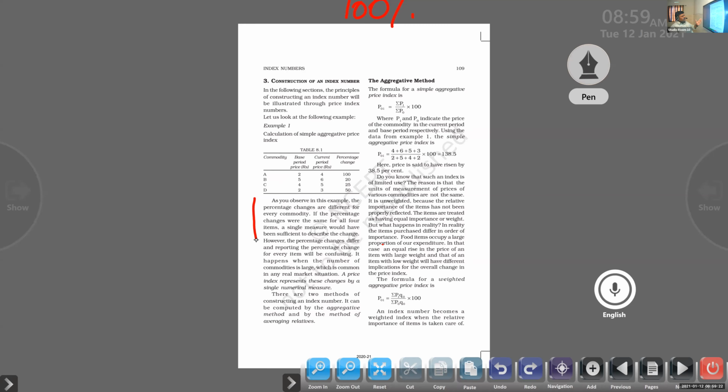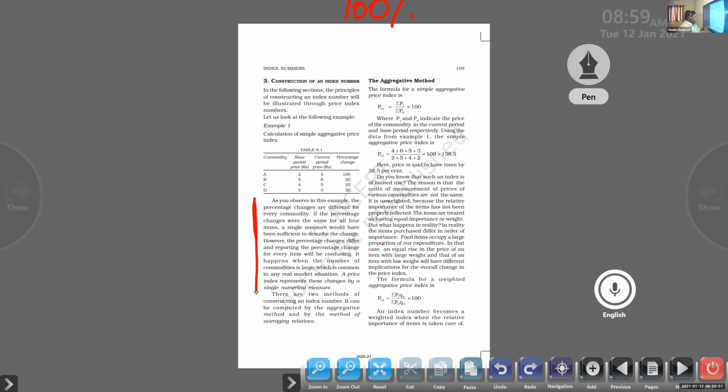But here different values are there. Reporting the percentage change for every item would be confusing, especially when the number of commodities is large, which is common in any real market situation. A price index represents these changes by a single numerical measure, because the prices of different commodities change differently.